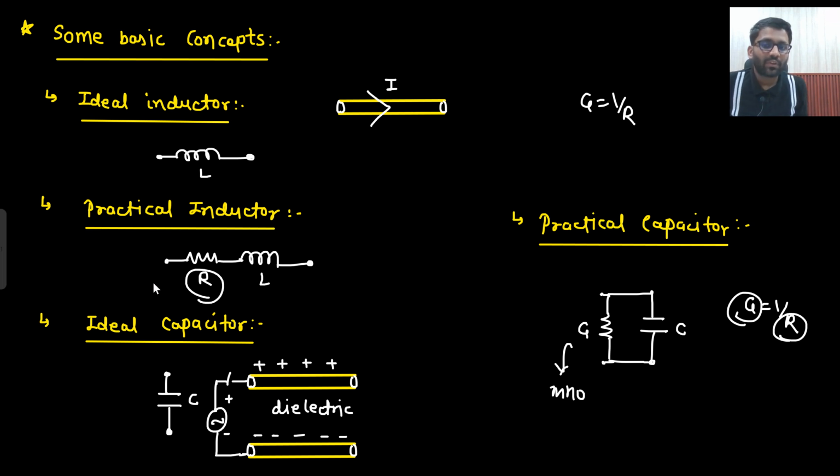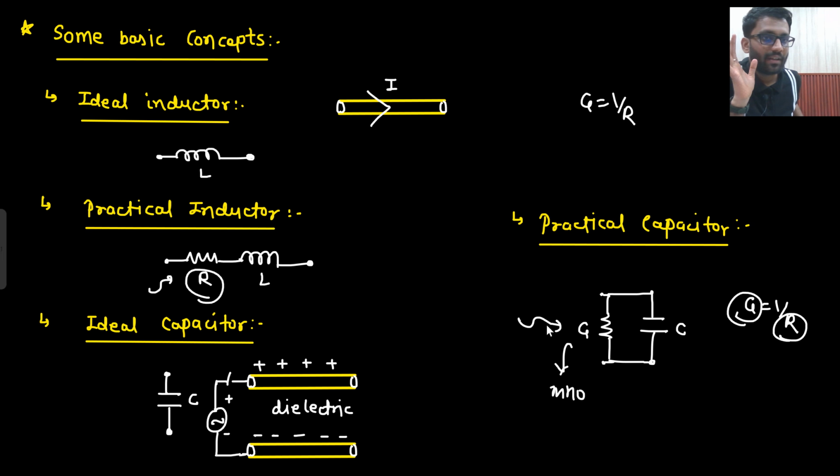So what do you think this is associated with? This is associated with the conduction current, and this is associated with the displacement current. Two conductors, two plates, in between there is some dielectric. Because of the changing electric field, there is some current that is known as displacement current.